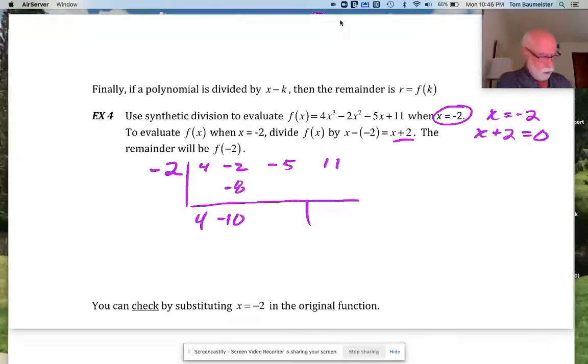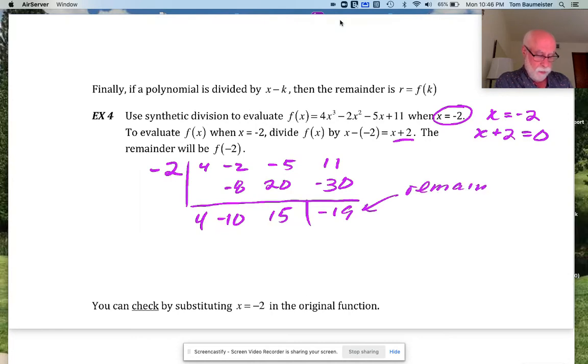Negative 2 times negative 10 is positive 20. Negative 5 plus 20 is equal to positive 15. Negative 2 times 15 is negative 30. And then 11 plus a negative 30 is negative 19.